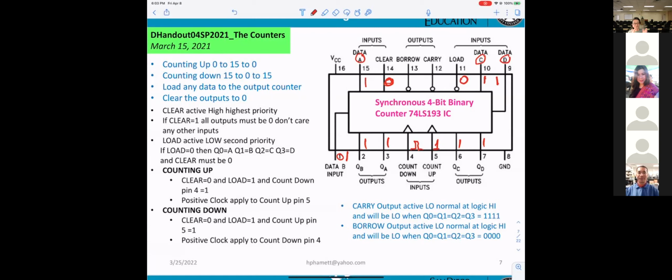They're telling you everything about the 74193. How do we test for clear, test for loading, test for count up, or test for count down? Do you have any questions?